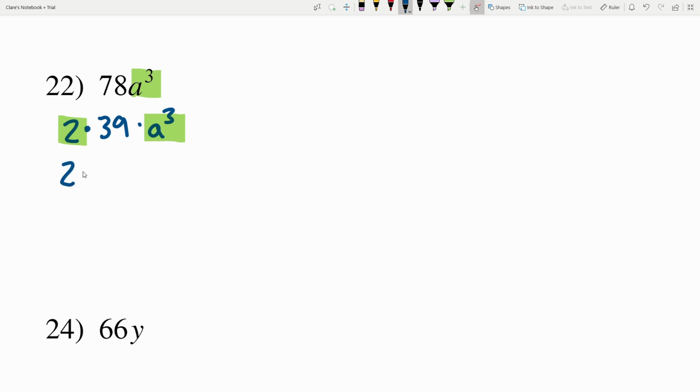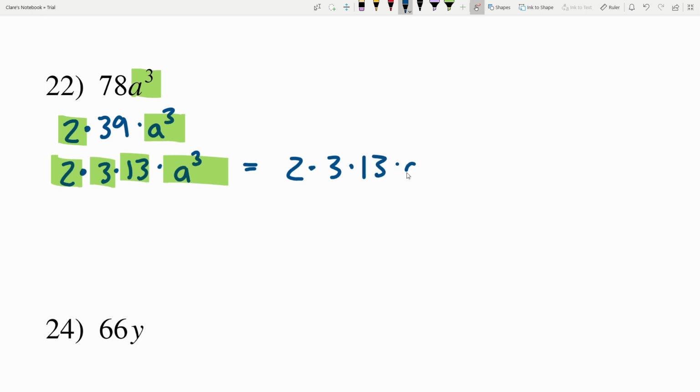So 2 times 39 is 3 times 13, and that gets multiplied by a cubed. 2 is prime, 3 is prime, 13 is prime, and a cubed is fine because eventually using exponents we would simplify that down anyway. So 2 times 3 times 13 times a cubed is my solution in number 22.